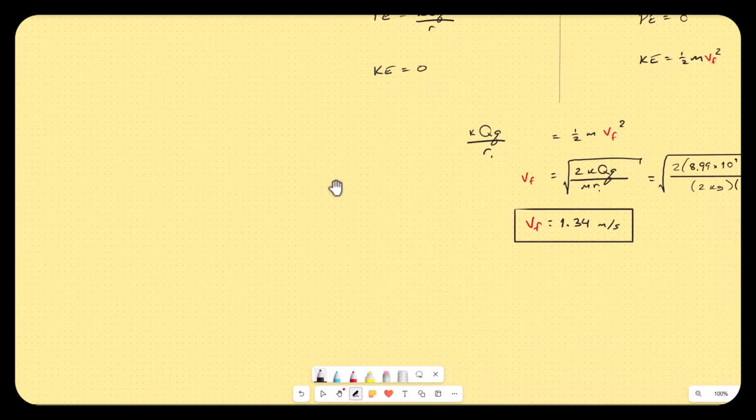If I want to look at what that charge would feel as far as a force goes, my force initial is going to be K Q Q over R squared. And when I plug those numbers in, I get a force of 18 newtons.